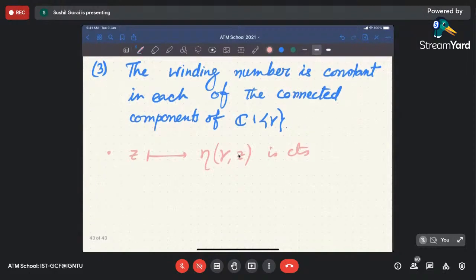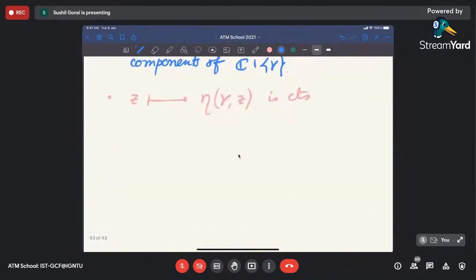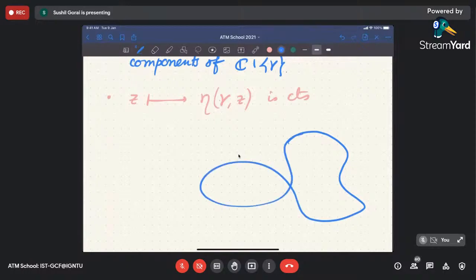The second way looks a little more interesting to me, so let me sketch briefly what it is. Suppose this is your gamma going this way, this way, this way.